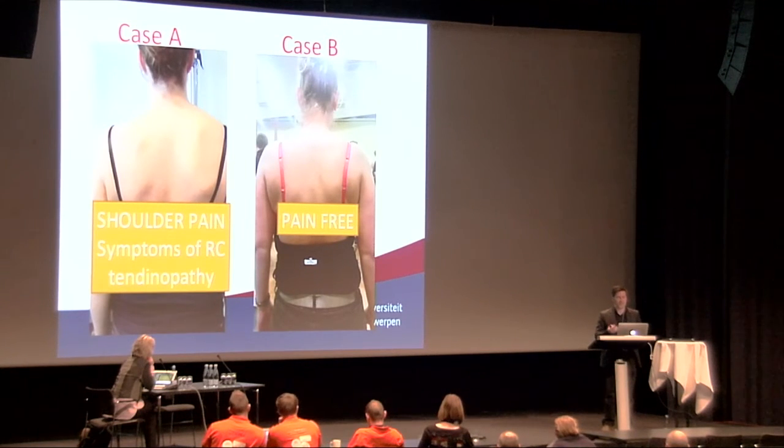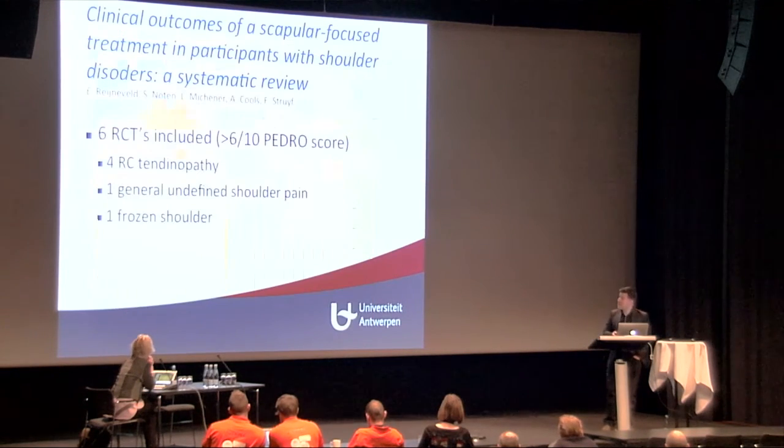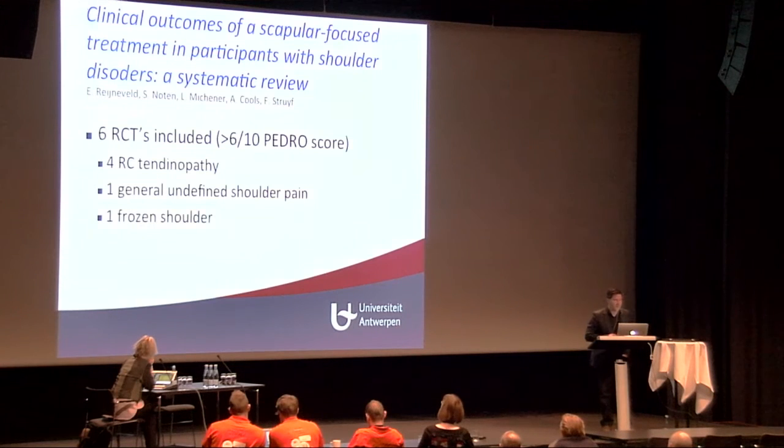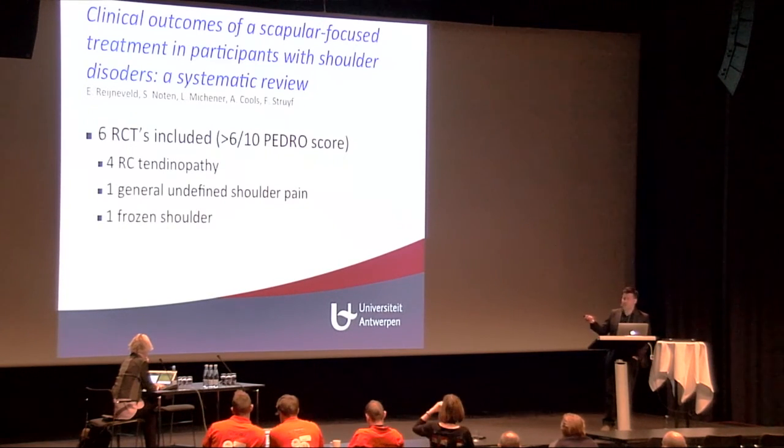We did a systematic review with a small group. We did a systematic review on the effectiveness of a scapular-focused approach in patients with several shoulder pain problems. As you can see, there were 6 randomized controlled trials included, all with a control group. 6 included, 4 on rotator cuff tendinopathy, 1 on general undefined shoulder pain, and 1 on frozen shoulder.